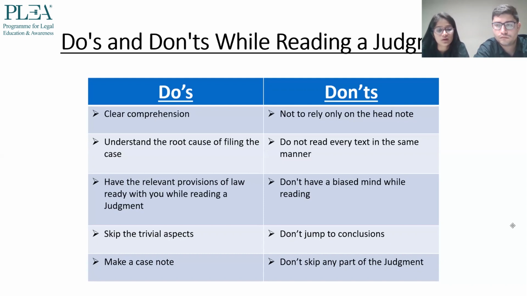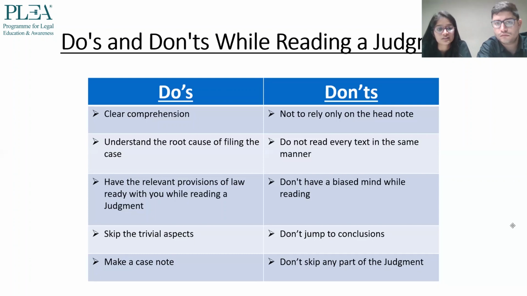If you don't have the MMC Act with you, you will not understand the reasoning and the provision of law, why it is used, the application of that particular provision, the interpretation of that provision. Now, a lot of judgments are only based on interpretation of a particular provision. To understand that interpretation, you will have to first read the relevant provision.